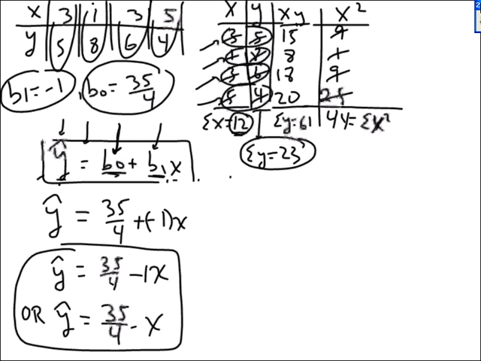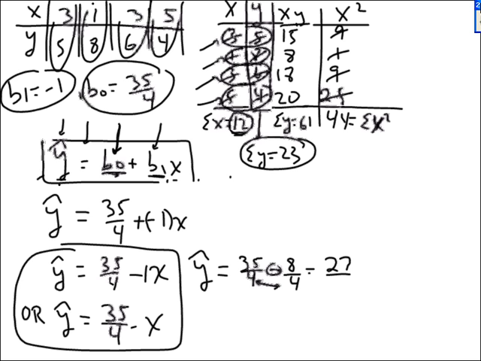Now, let's see what I'm saying about this being a good approximation. Suppose when x is 2, then we claim that the y value should be 35 over 4 minus 2. But I'm going to write the 2 as 8 over 4, because in subtraction, it's just so much easier to have the same denominator. And 8 over 4 is 2.